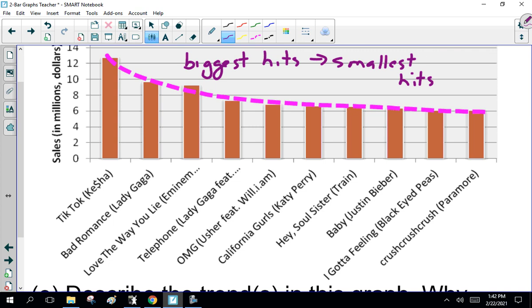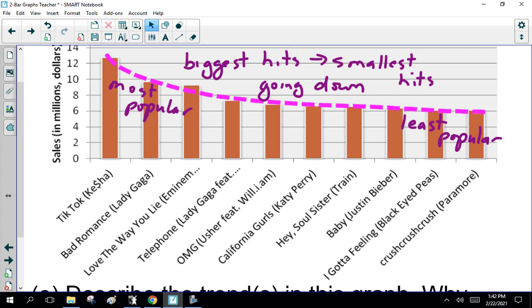So, biggest hits, smallest hits are going down. Alright? Most popular to least popular. Anyway, just going down. So that's what I expect you to be able to do from the bar graph. Get approximate numbers and see trends.